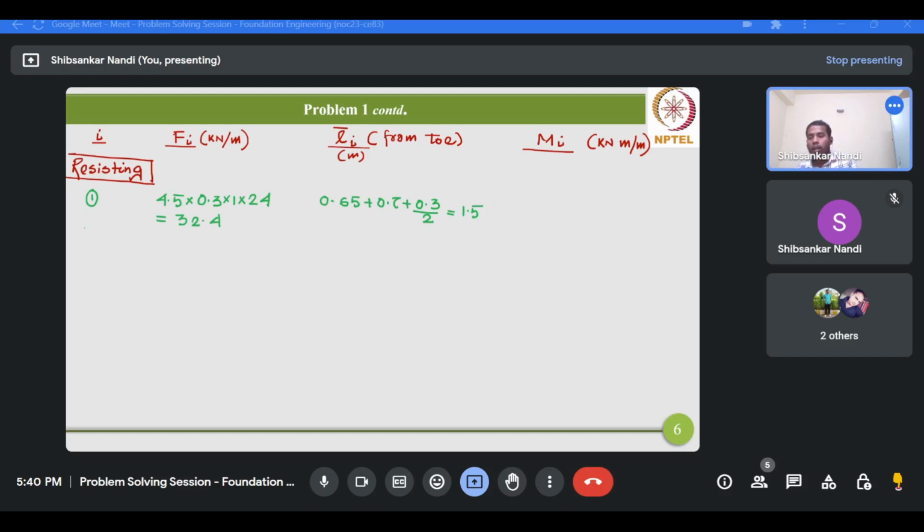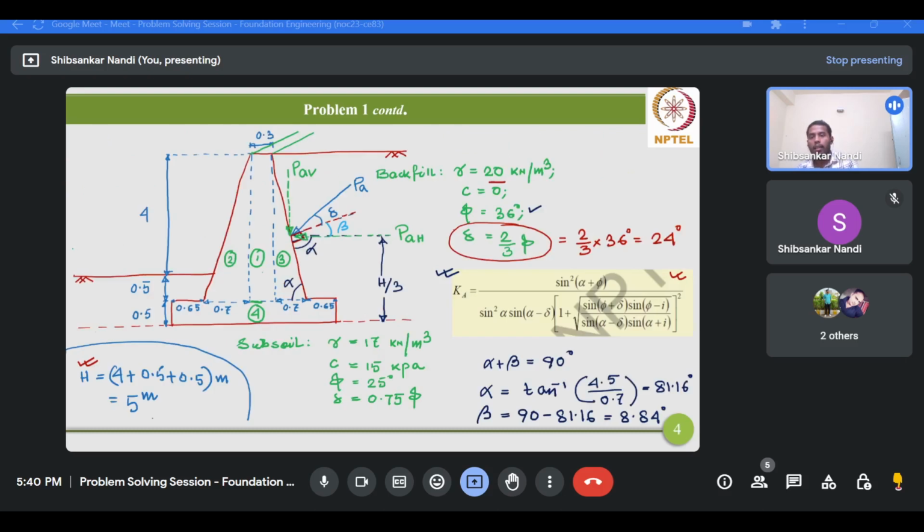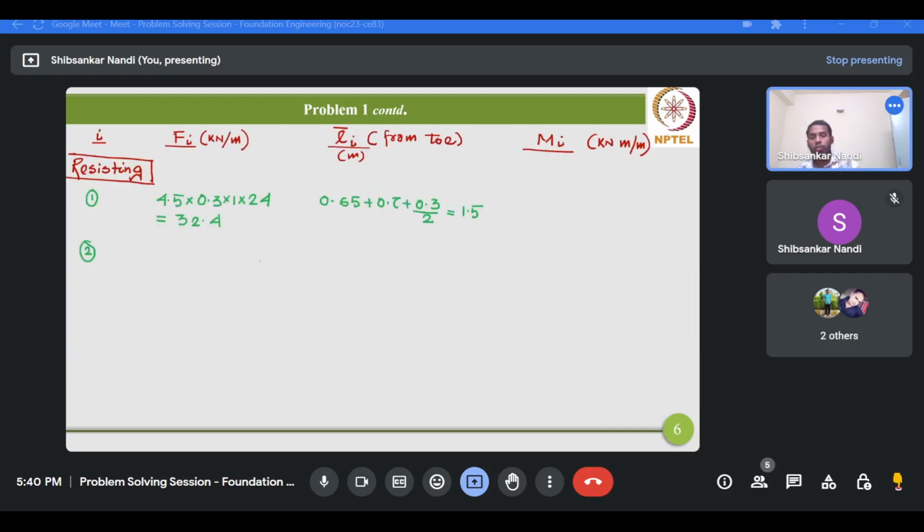meter. Now coming to the second component, the triangle. First we will calculate its area, then multiply it with the density of the material, that is concrete. So 0.7 is the base width, and the height is 4.5. So half into 0.7 into 4.5 multiplied by 24. Calculate in a similar fashion for all the components.